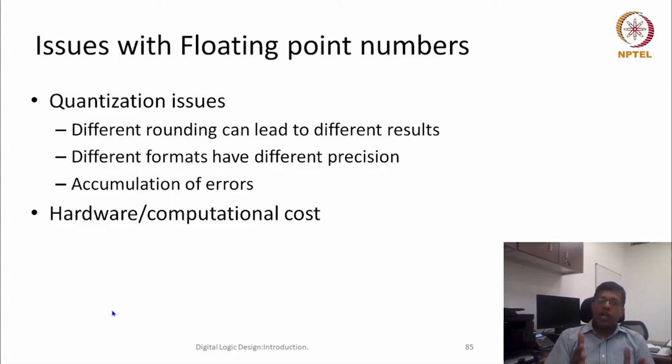How do we do addition in our scientific form? First we have to keep the exponents the same, and then we add the fractional part. So let's say the two numbers have different exponents. First you will set the exponent the same by shifting one of the numbers, and then you will add the fractional part and the non-fractional part.